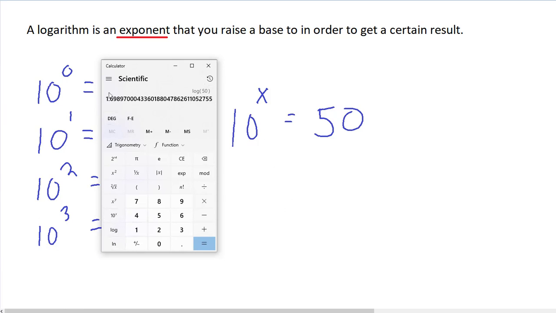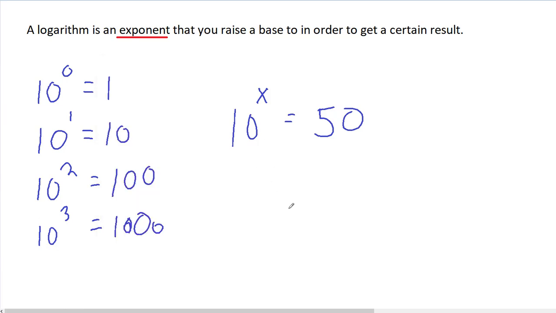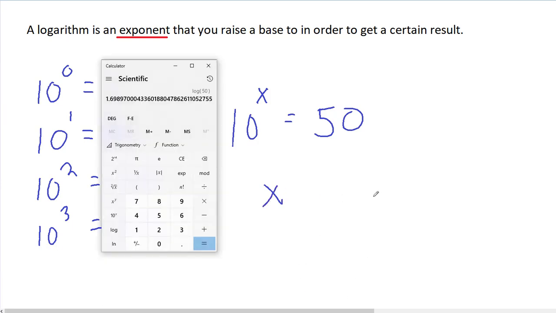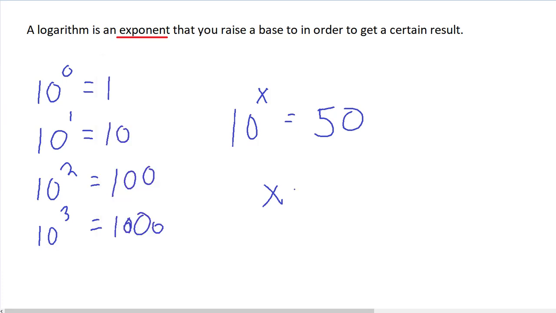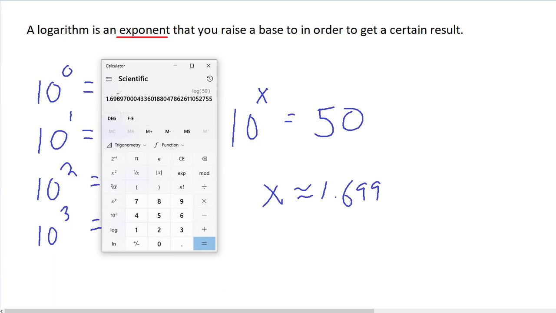Now notice the value that came up was about 1.699. Now this is an approximate value. You'll notice that there are a lot of decimal places past this, and I might want to go a little bit farther, but 3 decimal places is probably what my math lab is going to ask you to do.